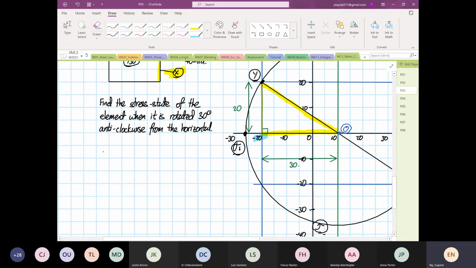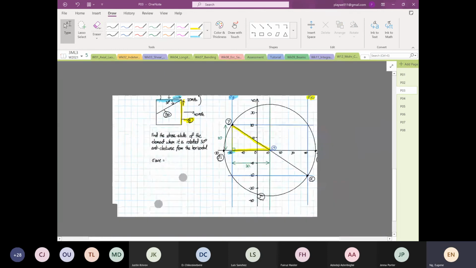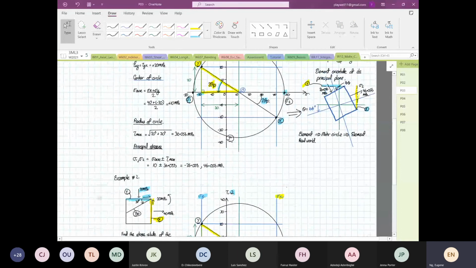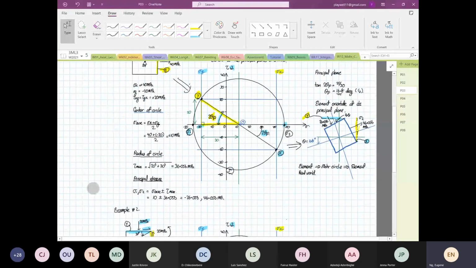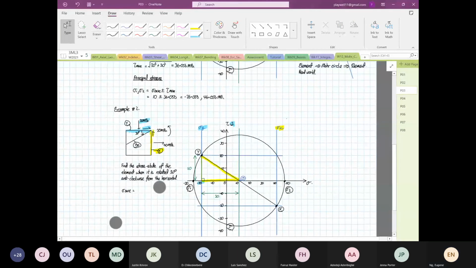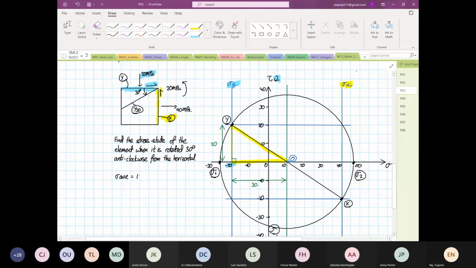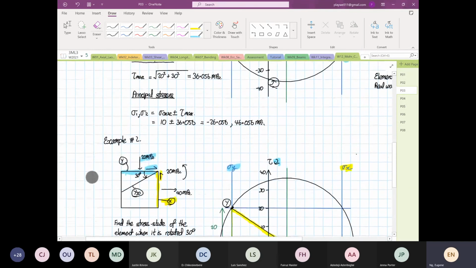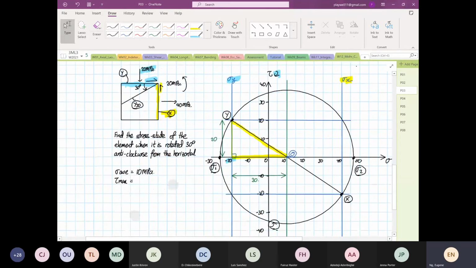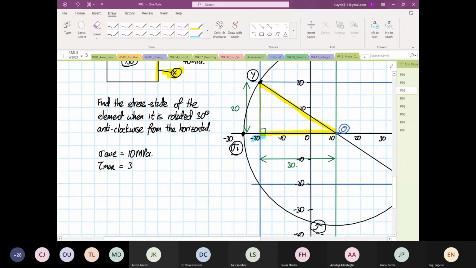So the average stress did not change because I just took it from there. The average stress is 10 megapascal. The maximum shear is still the same, 36.056.